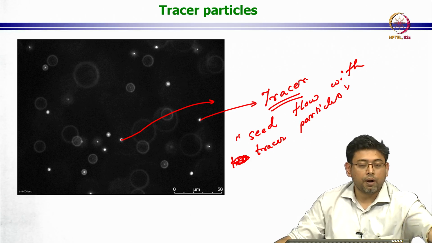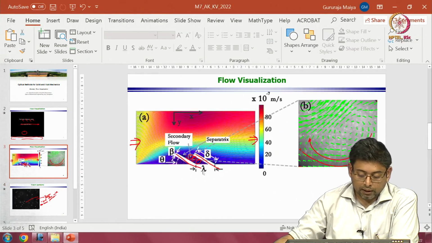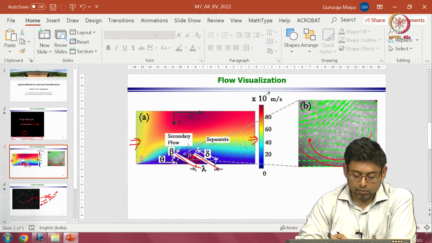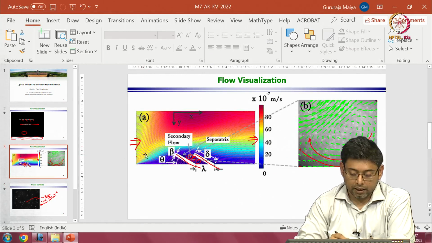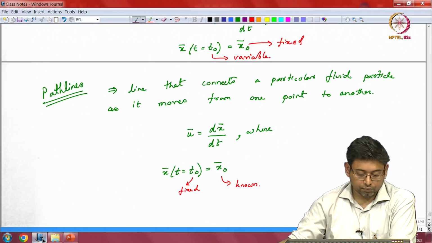So the path line is probably the most intuitive of them to understand, but the other more important flow visualization quantification is in terms of the streamlines, because they are very, very important and relevant in fluid mechanics.